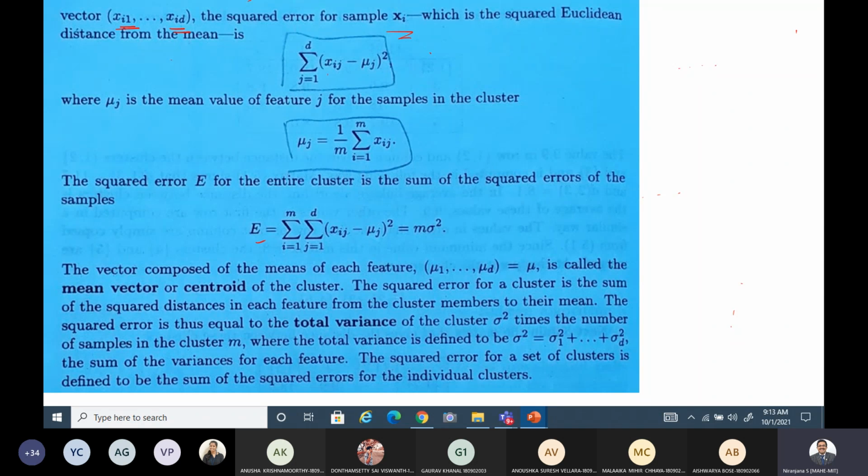Even sigma square, variance, is nothing but summation of sigma 1 square to sigma d square. So that is why even this method, where E is expressed as m sigma square, is also referred to as total variance method.